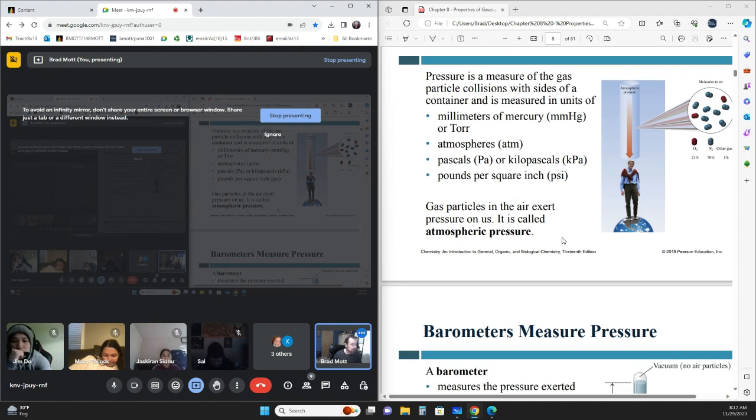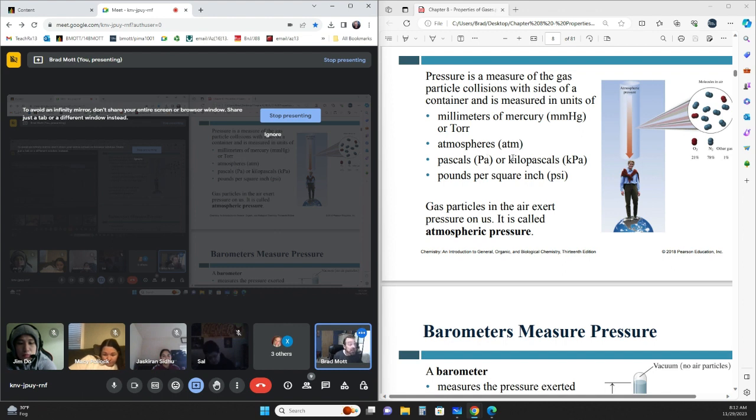And most importantly for today, we'll look at pressure. We'll measure it first of all usually in millimeters of mercury or torr, and atmospheres. I'll get into what these are here. I'm not going to worry about pascals and kilopascals.